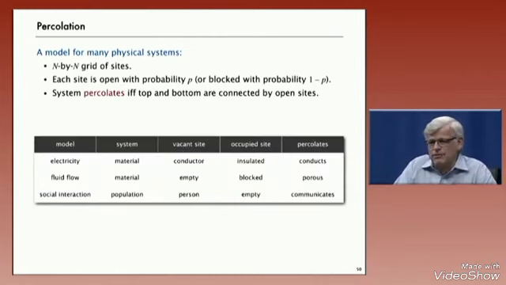So that's a model for many systems. For electricity, you could think of a vacant site as being a conductor and a blocked site as being insulated. And so if there's a conductor from top to bottom, then the thing conducts electricity. Or you could think of it as water flowing through a porous substance of some kind, where a vacant site is just empty and a blocked site has some material, and either the water flows through from top to bottom or not.